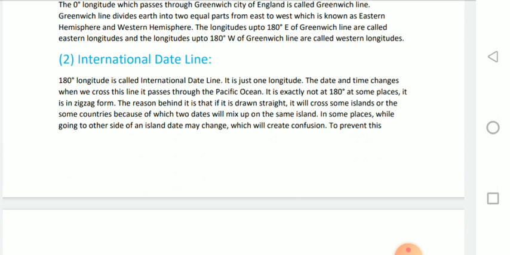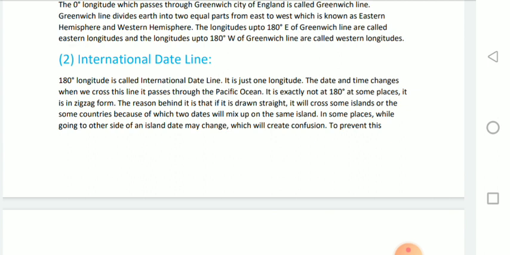The reason behind it is that if it is drawn straight, it will cross some islands or some countries, because of which two dates will mix up on the same island.